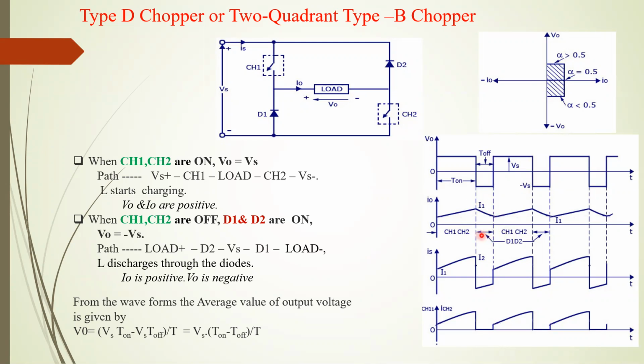That means this is the time period where the diodes D1 and D2 are conducting. This is the time period where chopper 1 and chopper 2 are conducting. So from the waveforms, the average value of the output voltage is given by V naught equals Vs into T on minus Vs into T off, divided by T, that is equal to Vs into (T on minus T off) by T.